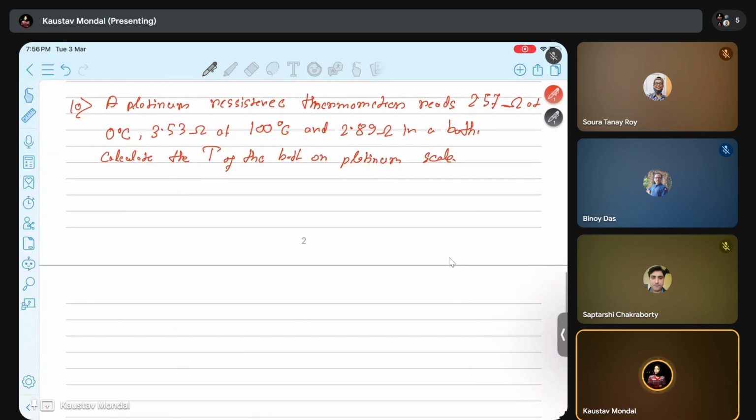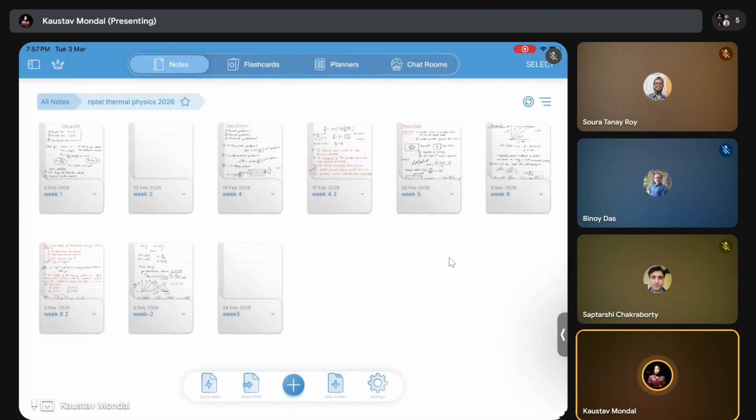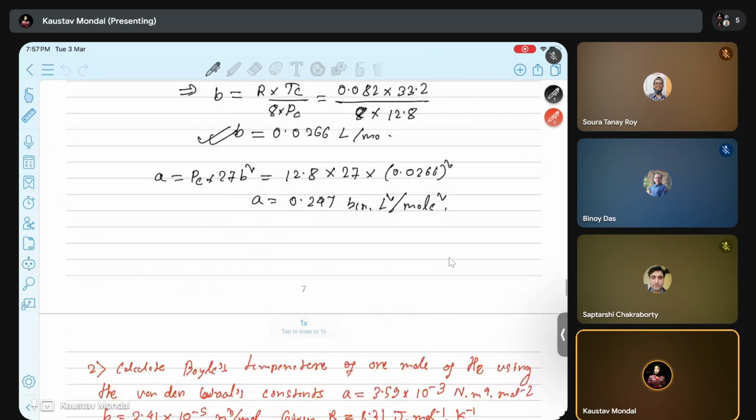The options are A 66.6 degree, B 33.3 degree, C 23.3 degree, option D 43.6 degree. So we have already discussed this problem with the platinum scale, right?